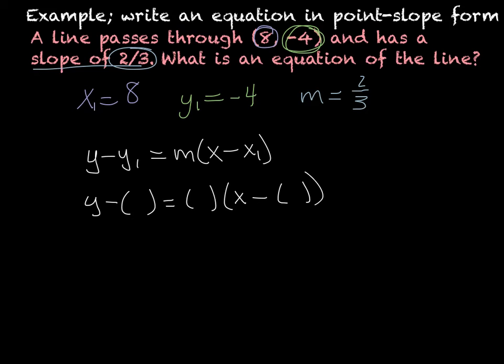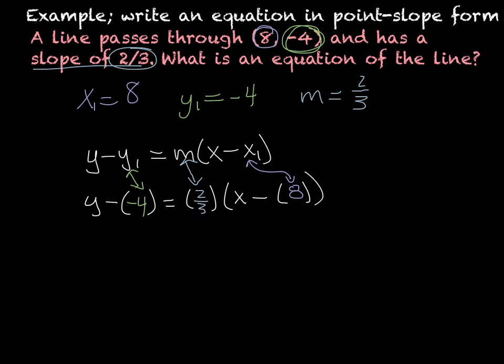So my x1 goes with my x, and that is 8. And then my y1 goes here, and that is -4. And then finally my m goes here, and that is 2/3.